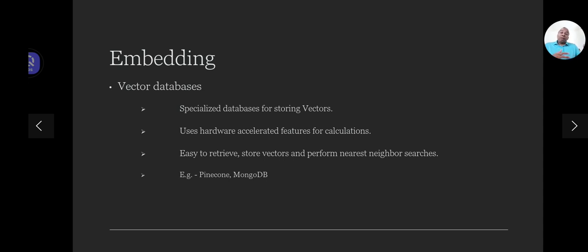So they are also getting into this vector database business. MongoDB is getting into it. SQL Server is also trying to adapt. Pinecone is a specialized vector database. And obviously, when you are trying to compare large volumes of documents or information, you would need something specialized for your system. So these are vector databases where you save a large number of vectors.